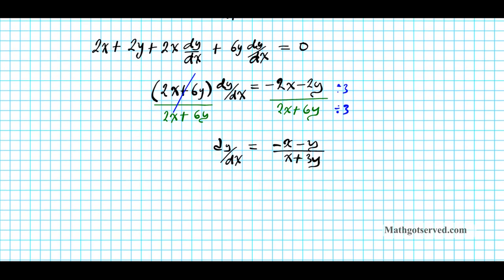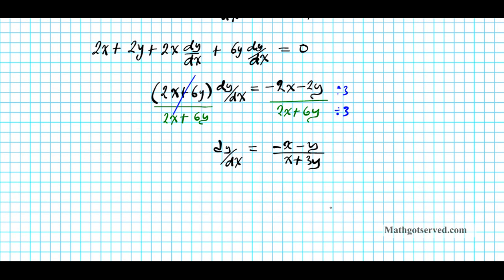Now, we're going to go ahead and find the slope of the tangent line. M of tangent is simply going to be dy dx evaluated at the point 1 comma negative 2. So M of tangent is going to be negative parenthesis 1 minus negative 2 over 1 plus 3 times negative 2.